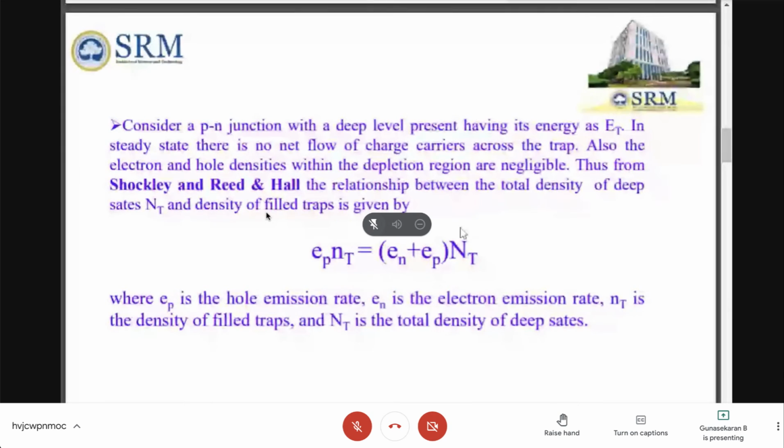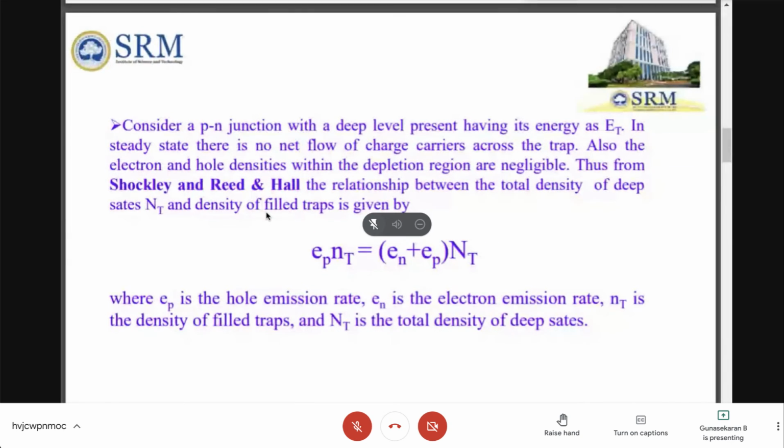Here capital Nt is the total density of the deep states, and small nt is the density of the filled traps, that is, how many of the states are filled in the trap level. The product of Ep and Nt is equal to the sum of En and Ep into Nt. That equation is given by Shockley and Read.